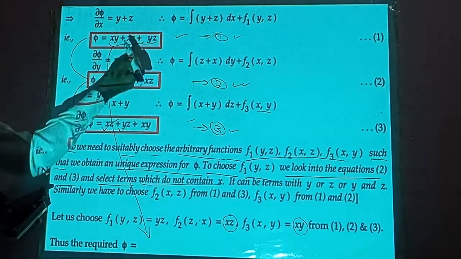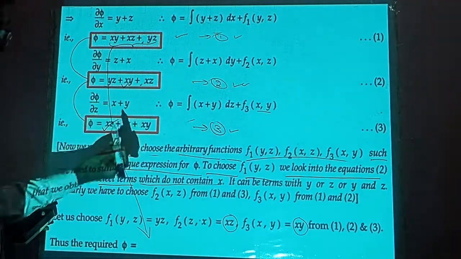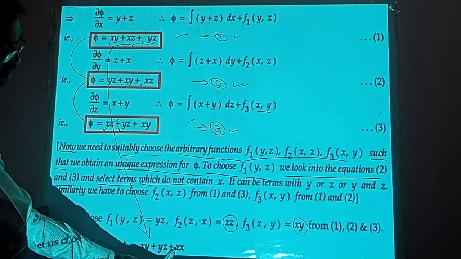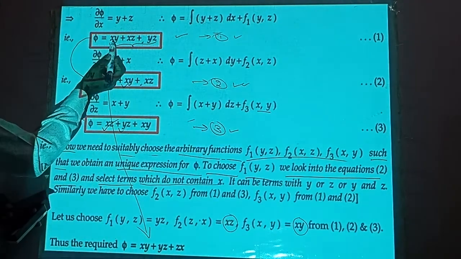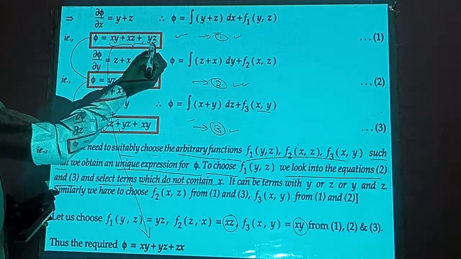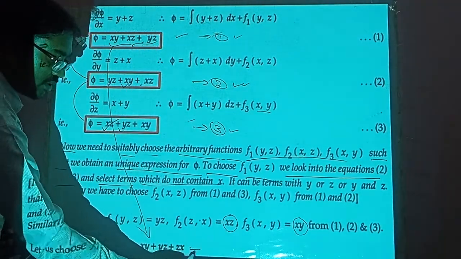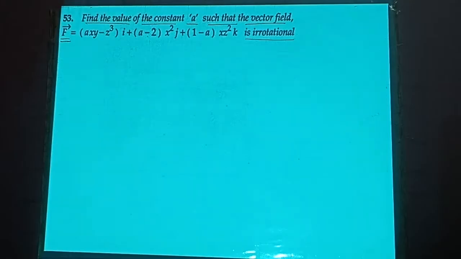Any one of these you can take, all are same. xy, yz, zx. See? xy, yz, zx. Cyclically we have written. Any phi you can take.